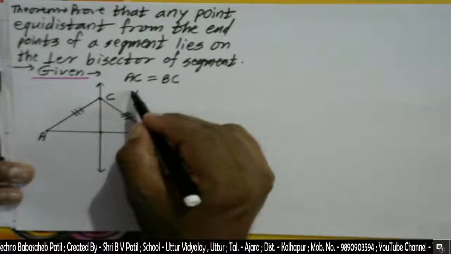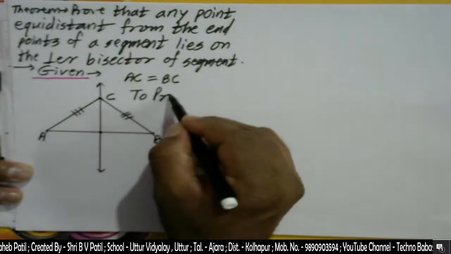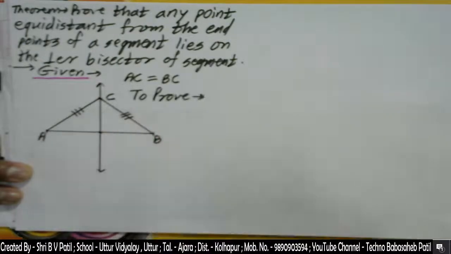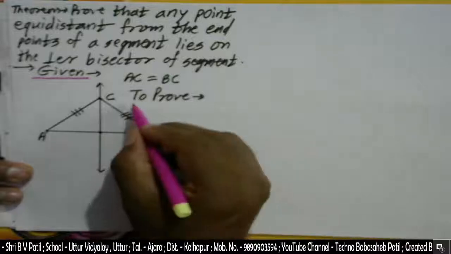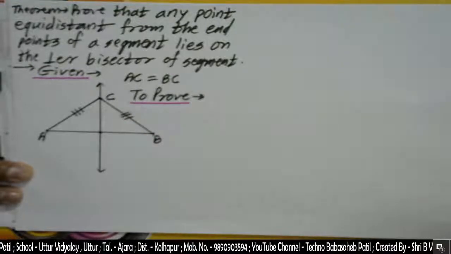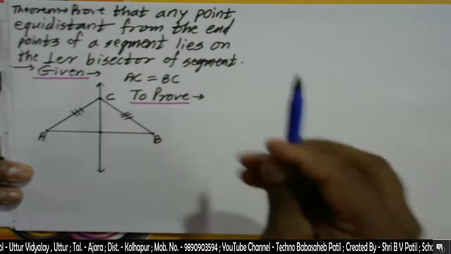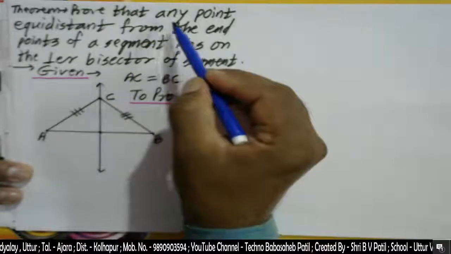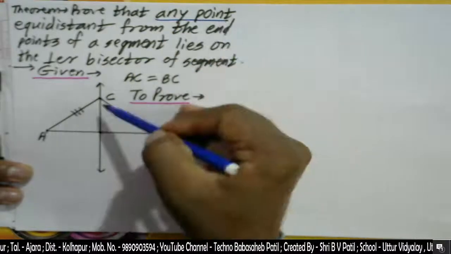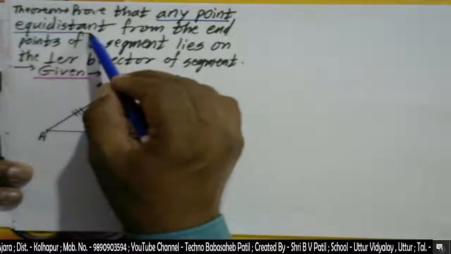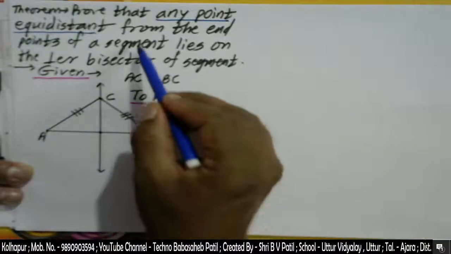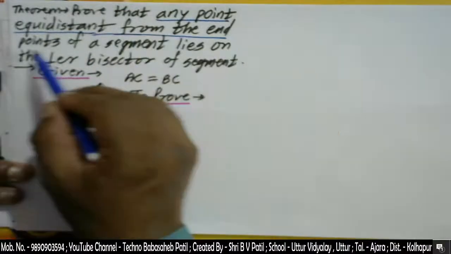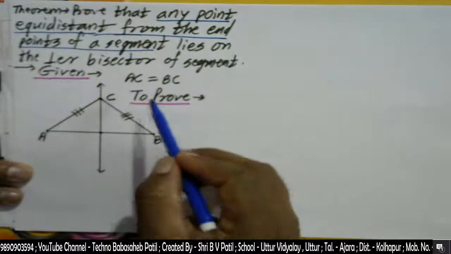The next part is to prove. Here in given any point, that is point C, equidistant means similar distance from end points of a segment.